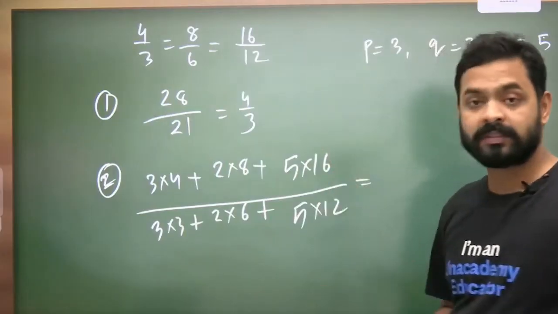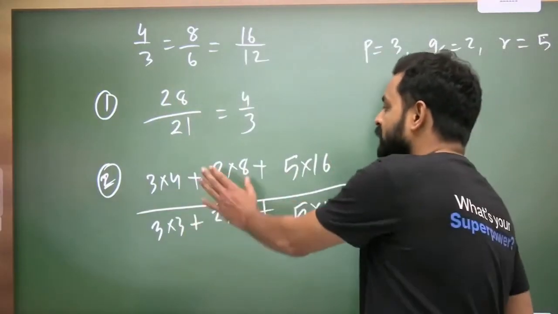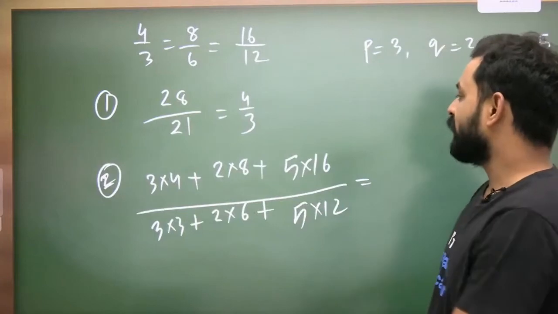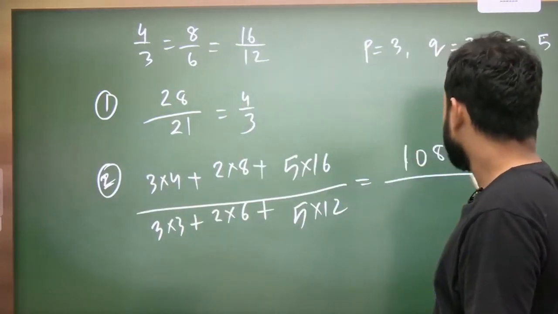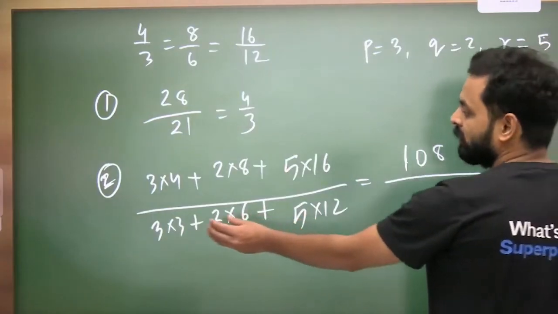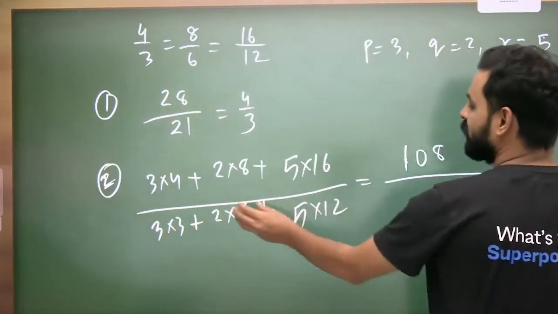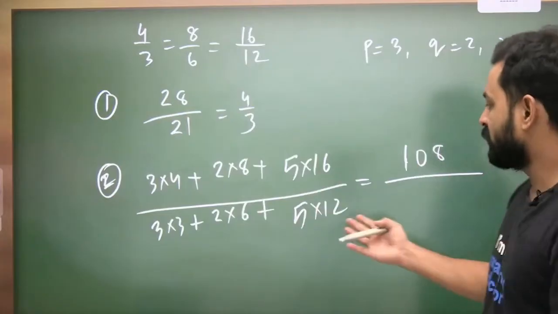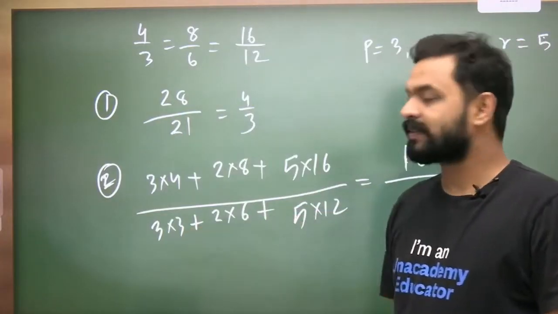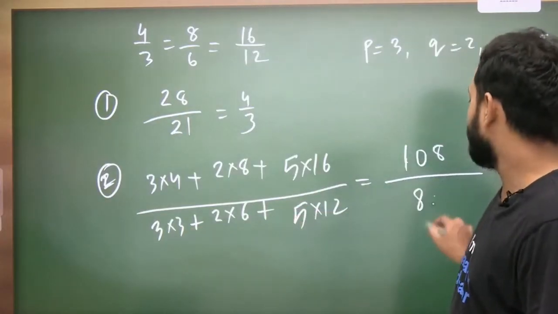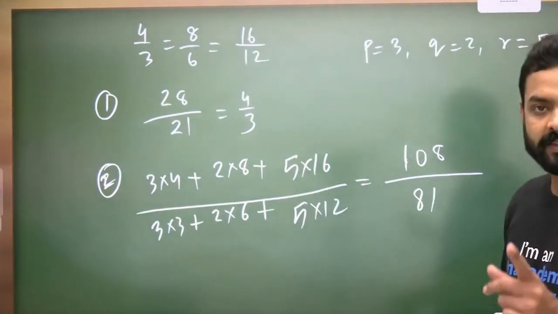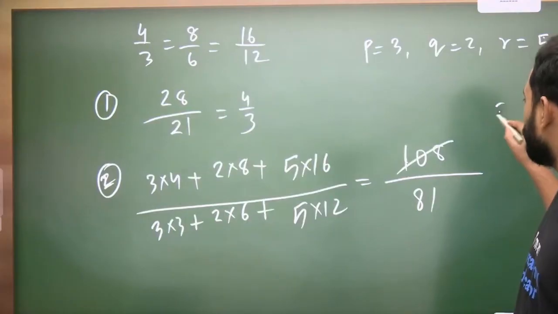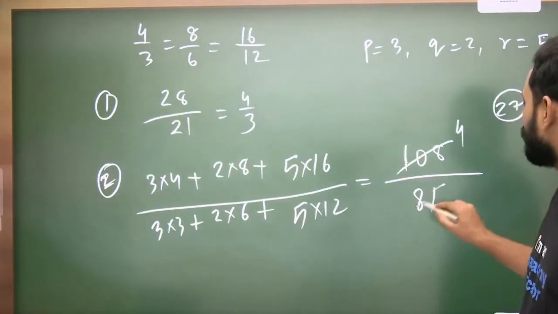Let me see what happens. 12 plus 16, 28, 28 plus 80, that is 108. And this is 9 plus 12 plus 60, which is 81. 108 upon 81. Can we say that this is 4 upon 3? Yes, we'll cancel it by 27. So this is 4 upon 3.